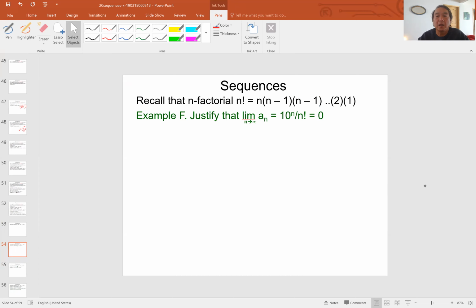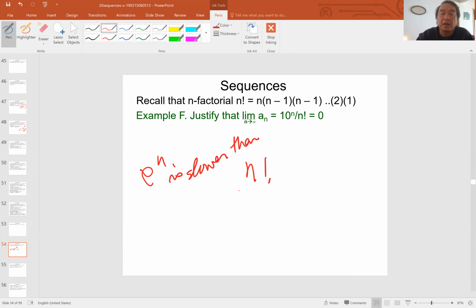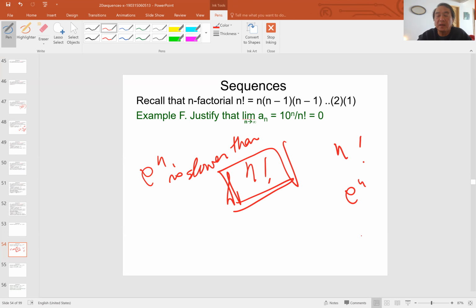Okay, and the upshot is e to the n is slower than n factorial. N factorial goes to infinity the fastest. So n factorial goes the fastest, then e to the n, then n to a power, then log of n. Okay, so this is bigger than that, bigger than that, bigger than that.